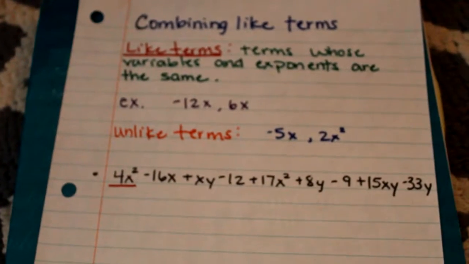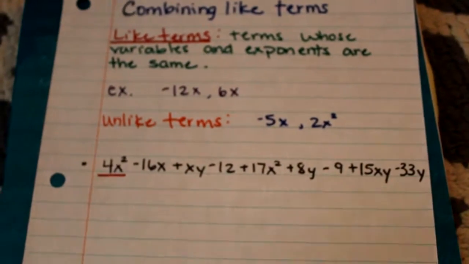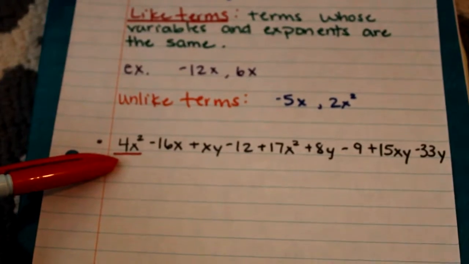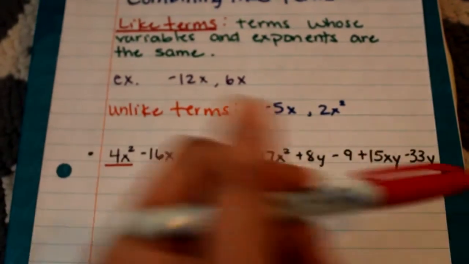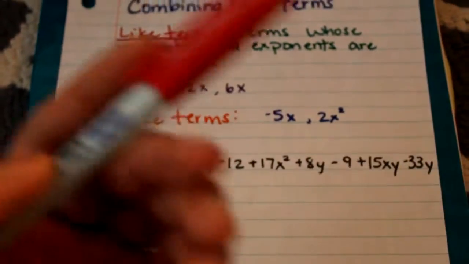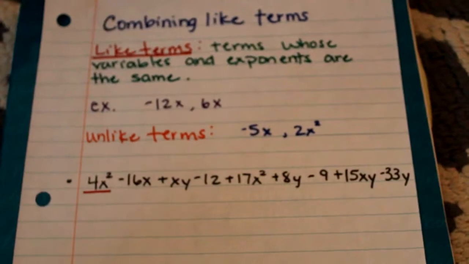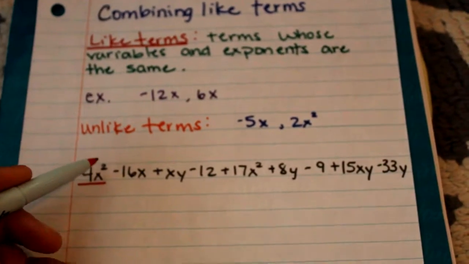What we're going to do is take our first term that I have already underlined in red. So our first term says 4x squared, and we're going to look throughout the rest of the expression for any other terms that have the same variable and the same exponent.